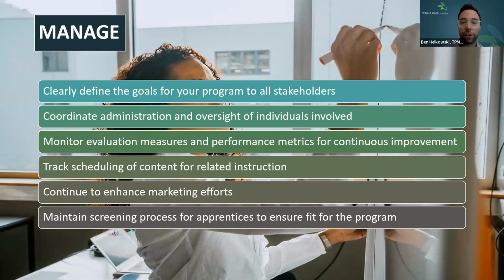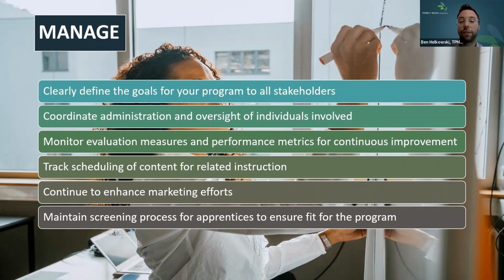Some important steps for managing the program include clearly defining the goals for your program to all stakeholders, as goal clarification will lead to a clear vision for the program. Coordinate administration and oversight of individuals involved. Monitor evaluation measures and performance metrics for continuous improvement.